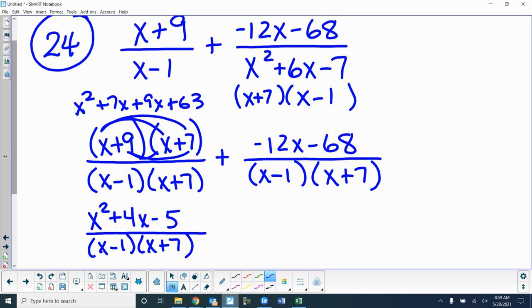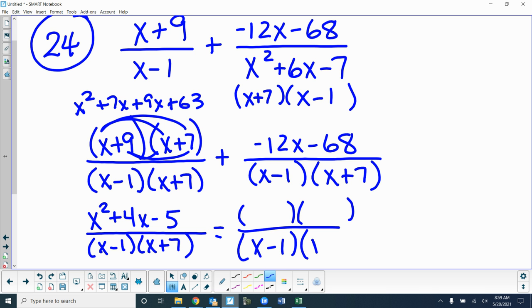Now is when you can factor the numerator. What's it factor into? The numerator? Yep. X plus 5 and minus 1. Good. So you see an x minus 1 in both? What can we do?